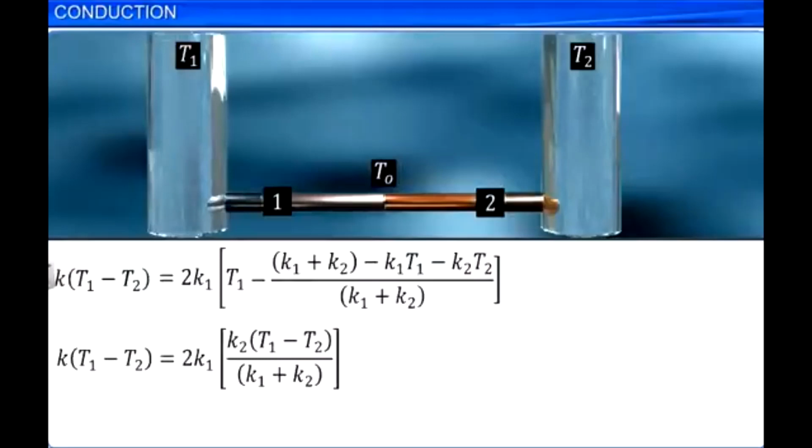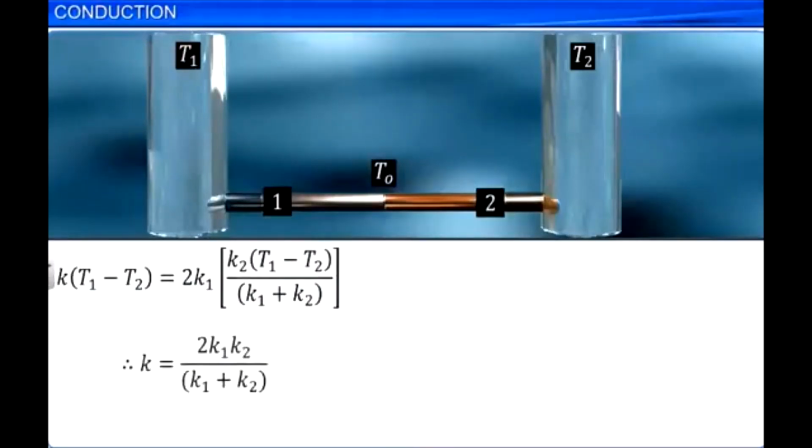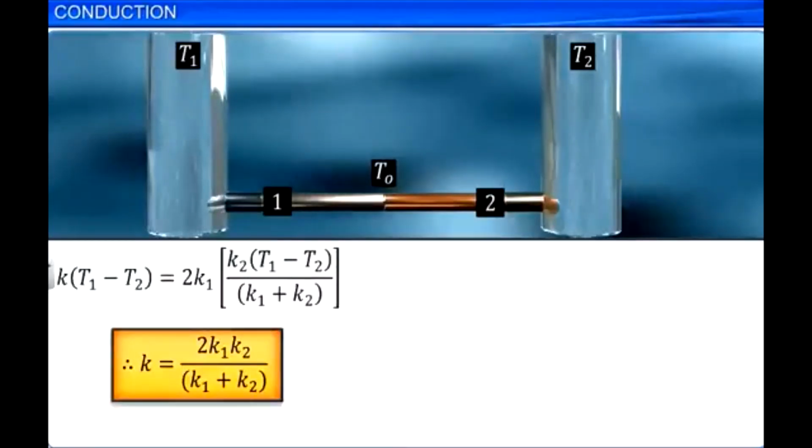Therefore, K is equal to 2K1K2/(K1 + K2). This is the expression for equivalent conductivity when two conductors are connected in series.